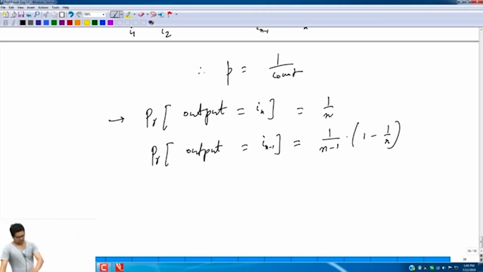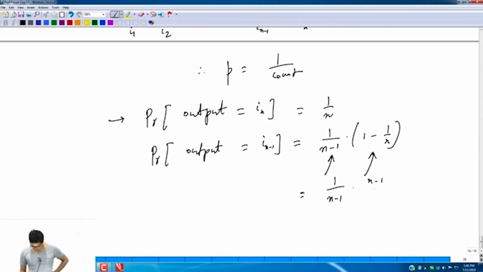Only if both these two happen will IN minus 1 get output. And so let's calculate this.